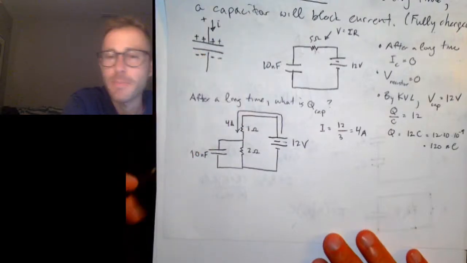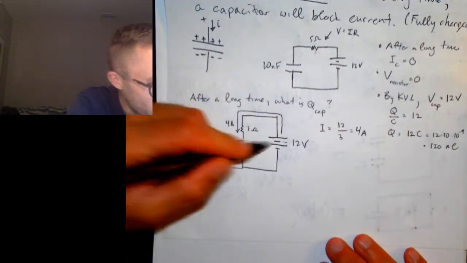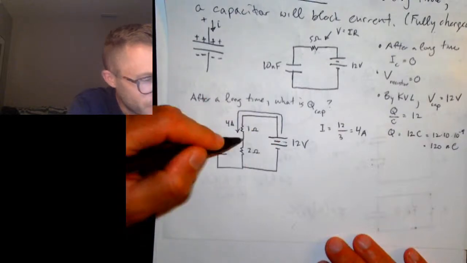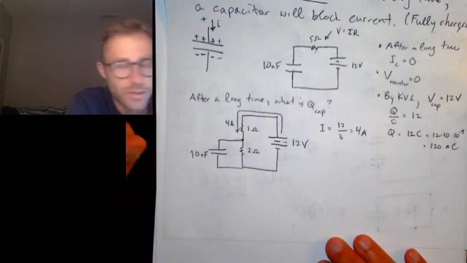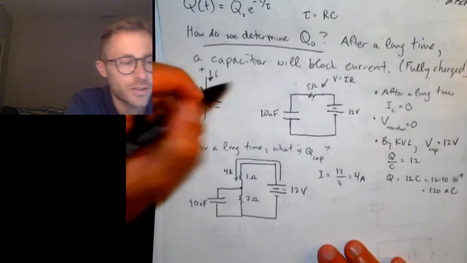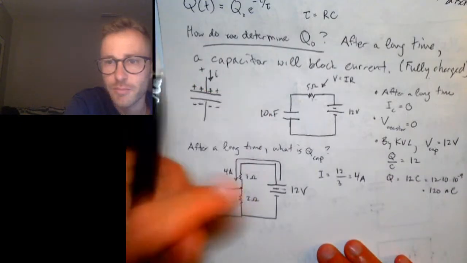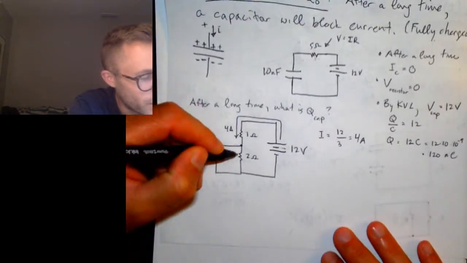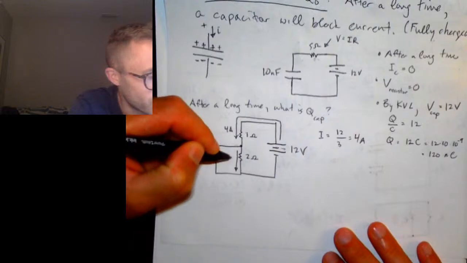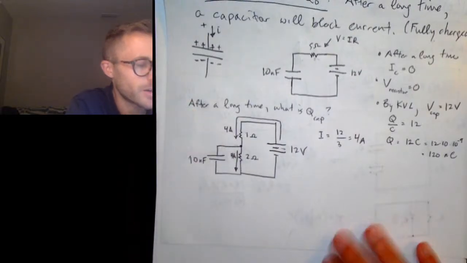All right? And then that 4 amps is going to hit this junction, but none of it goes this way because the capacitor is blocking the current because it has become fully charged. So that means that all of the 4 amps continues through the 2 ohm resistor. Okay?